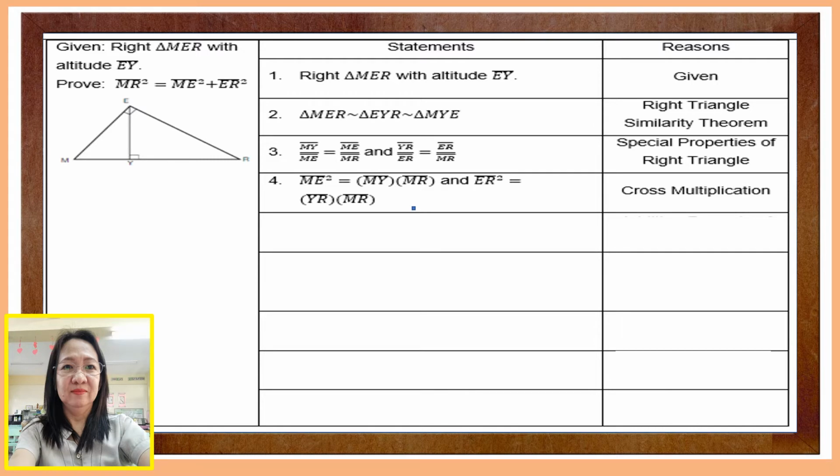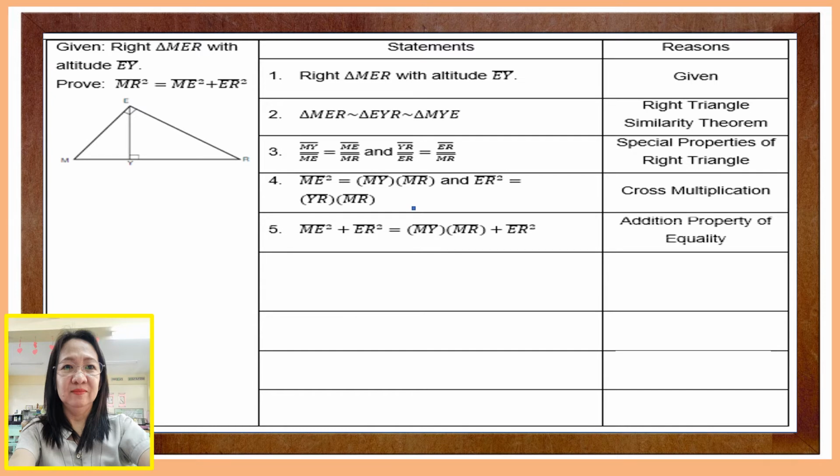And then, if we're going to apply the cross multiplication, ME times ME is ME squared, and then MY times MR. Similarly, ER times ER results to the square of ER, and then YR times MR.